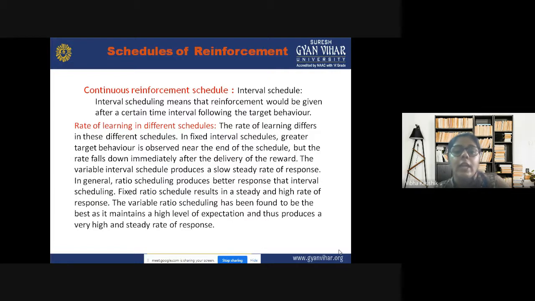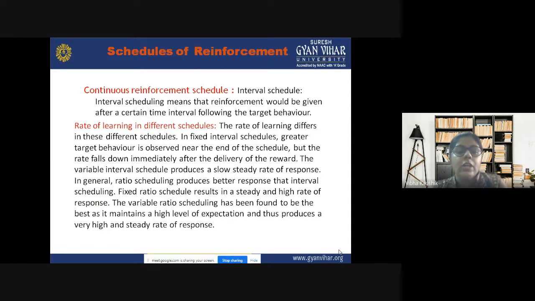Rate of learning in different schedules. The rate of learning differs in these different schedules. In fixed interval schedules, greater target behavior is observed near the end of the schedule, but the rate falls down immediately after the delivery of the reward. The variable interval schedule produces a slow, steady rate of response.